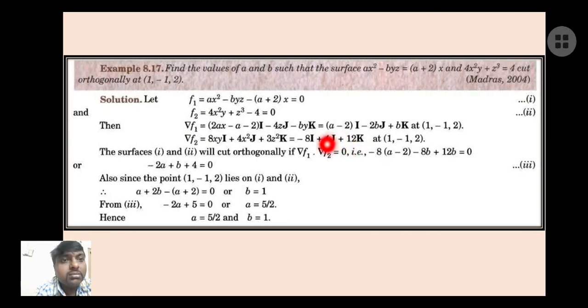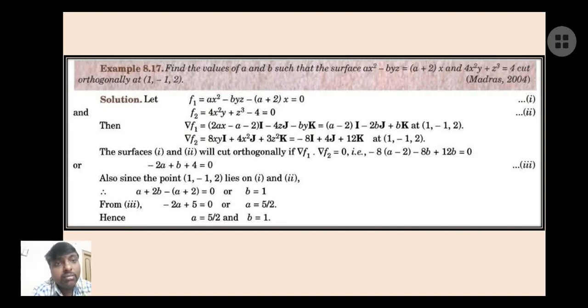So that is nothing but minus 8 into (a minus 2) here, and next 4 into 2b, that is nothing but 8b, and next 12 into b, that is 12b, is equal to 0. Why? Because the dot product is 0, so I am writing 0. By simplifying this equation, I am getting minus 2a plus b plus 4 is equal to 0. That is the first condition involving a and b.